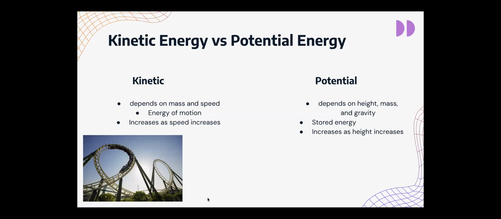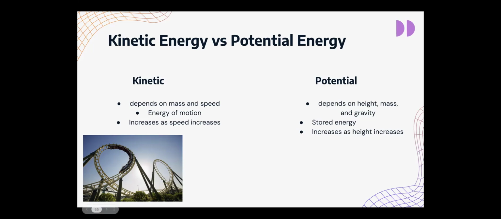I think I saw someone say it in chat, but potential energy is the stored energy, right? So if you look at this roller coaster here, the potential energy would be up here, right? It would be stored up here and then it goes down, correct? And it might still have kinetic energy from beforehand.